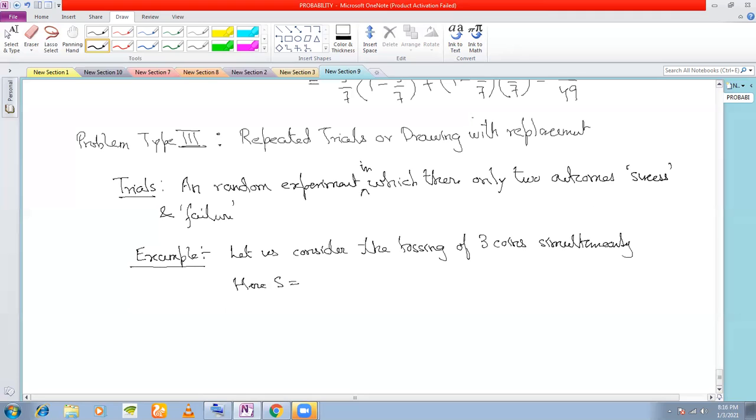We have actually written the sample space already in the first example that I did: HHH, HHT, HTH, HTT, THH, THT, TTH, and TTT.